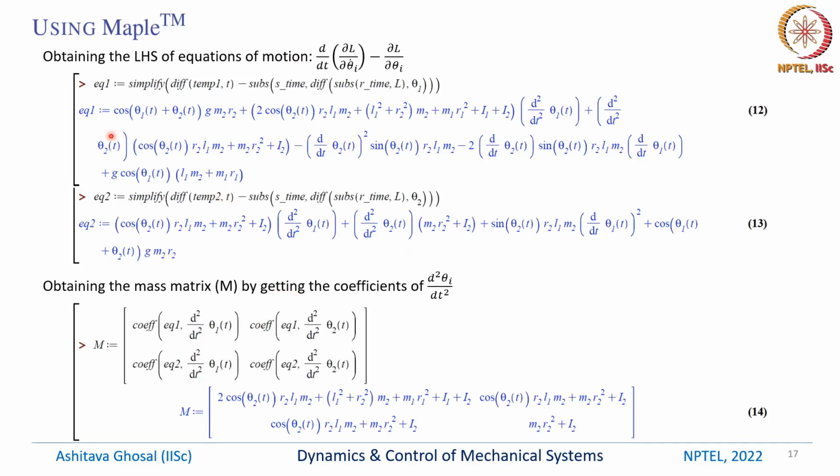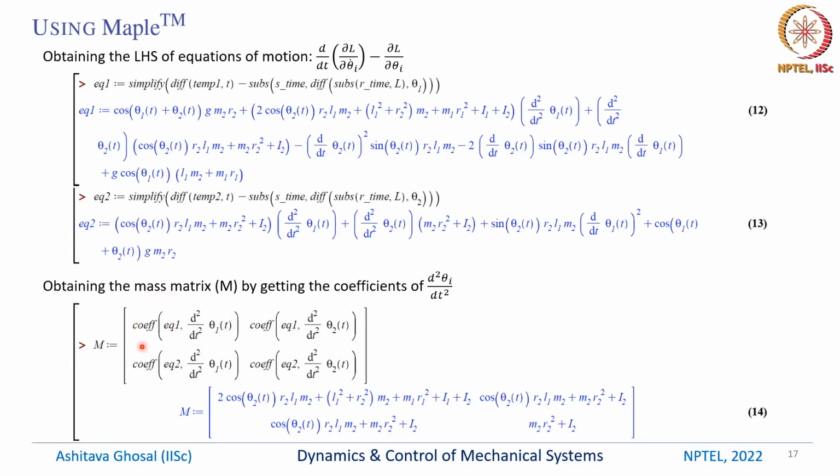Next, once we have these two equations, we want to write them in the standard form, which is the mass matrix into theta double dot plus Coriolis centripetal term plus gravity term, equal to tau 1 and tau 2. So how do I find the elements of the mass matrix?